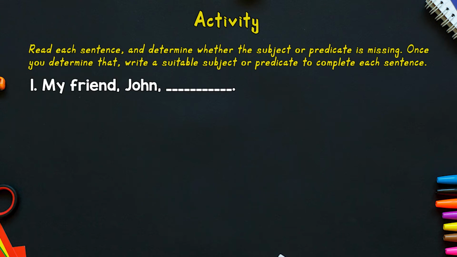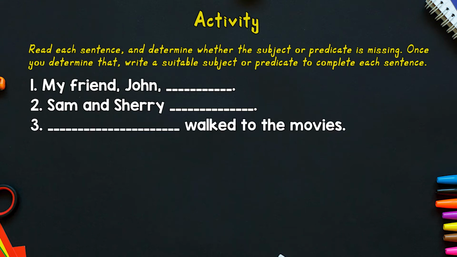Number 1, my friend John. And you now have to decide what you're going to put after you have figured out what is missing. So my friend John, is that the subject or the predicate? Sam and Sherry. That's number 2. Sam and Sherry. Number 3. Walked to the movie. If you look carefully, you will see you have the blank, then walked to the movie.